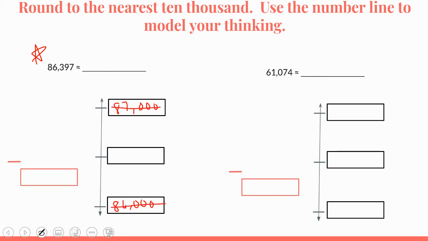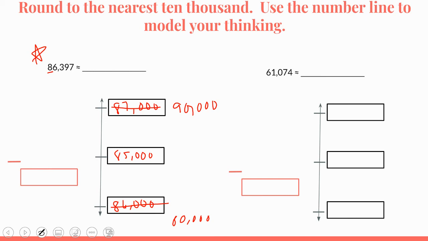I was rounding to the nearest 1,000, so hopefully you caught that error, because I clearly did not. So we would have 80,000 and 90,000 because we're rounding to the nearest 10,000. My bad. Okay, so in between, we would have 85,000. There we go.